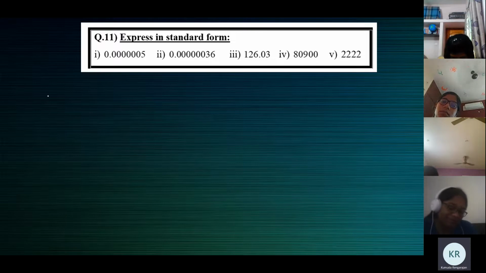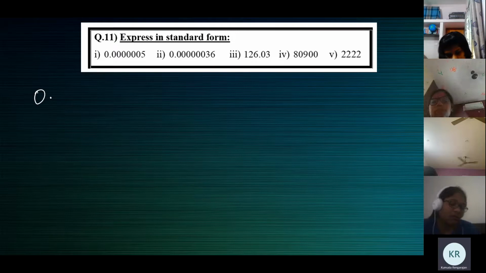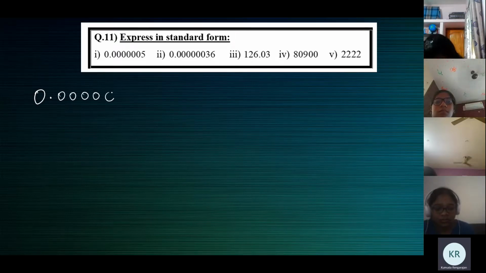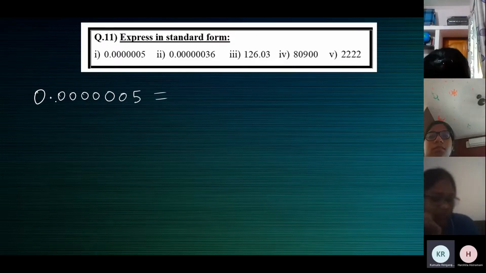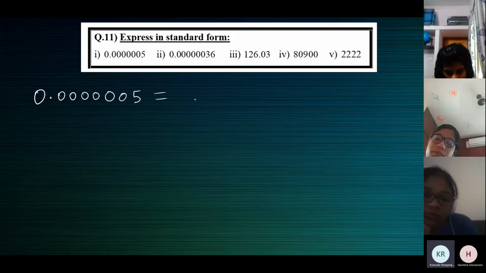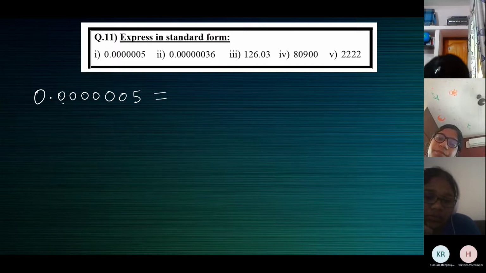So now 0 point, how many zeros? 1, 2, 3, 4, 5, 6. Okay, 6 zeros, and 5 in the scientific notation. So now the first value, as you understood, can be 1 or anything more than 1, but less than 10. So we need to shift this decimal point.